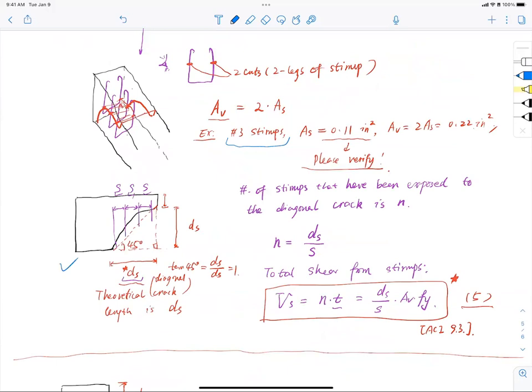We have a crack of length ds, equal to the depth of the section, because we assume a 45-degree diagonal crack. Tangent 45 equals 1, so ds over ds equals 1. With that, we can calculate the number of stirrups across the section, which has to be ds over s.